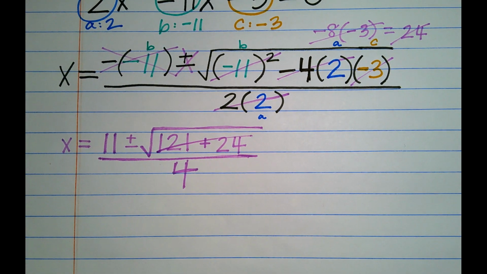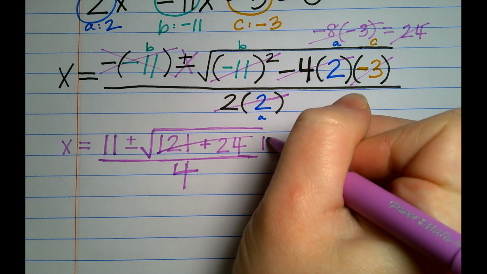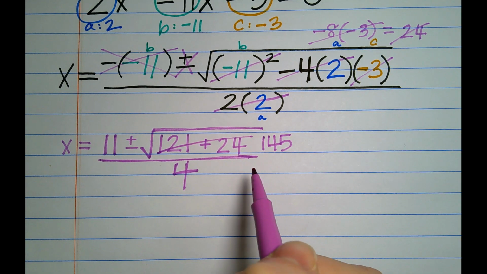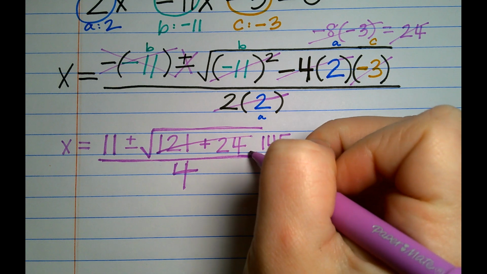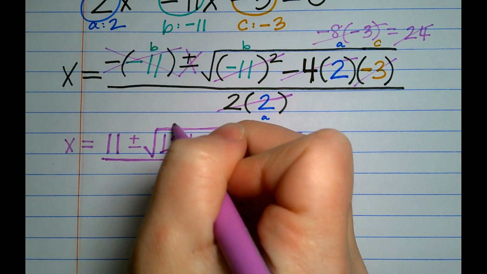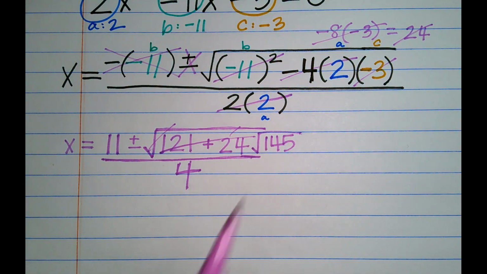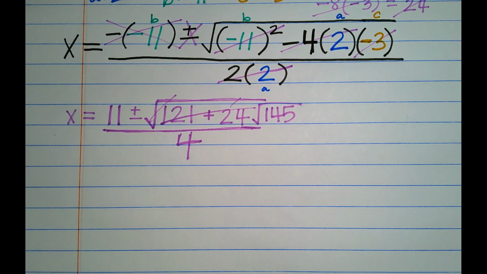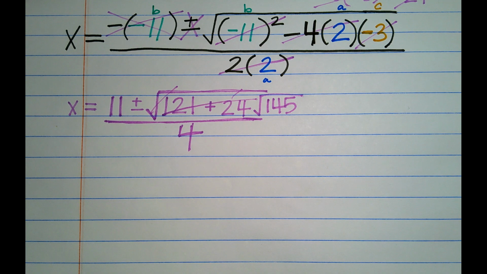So, just like Ricky said, now we have one more thing to simplify under the square root. 121 plus 24 is 145. Now this is still the square root of 145. It won't just be 145. So now, what do I do next?